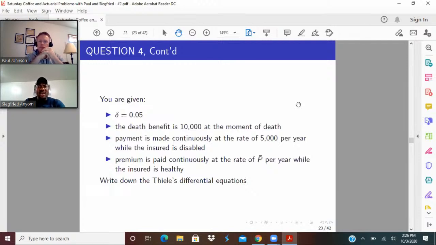So Thiele is essentially doing a pretty similar job as Kolmogorov by identifying all these pieces that move around and products that are being sold to participants or policyholders, and trying to quantify what the impact would be from an earnings perspective. Because reserves are a liability.